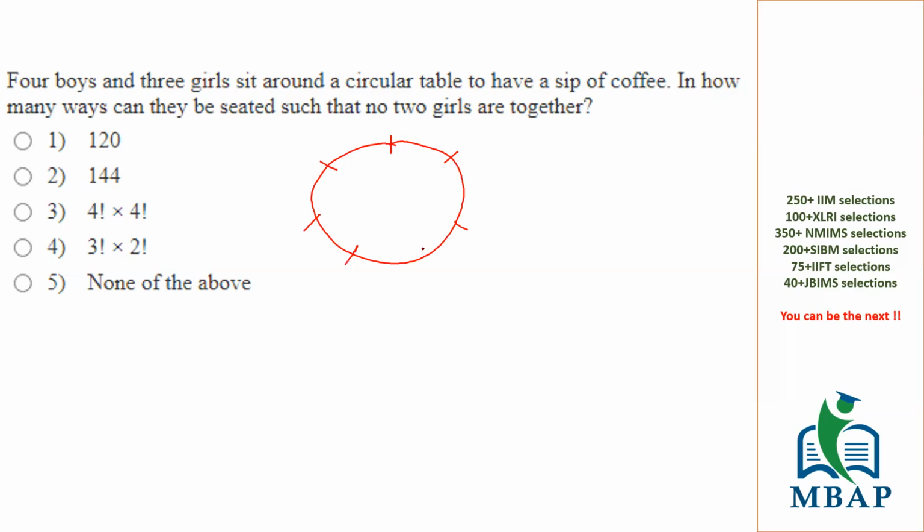So we have seven spaces, such that no two girls are to be seated together. Suppose if we arrange these four boys in alternate spaces, one, two, three, four, then no two girls will be together.